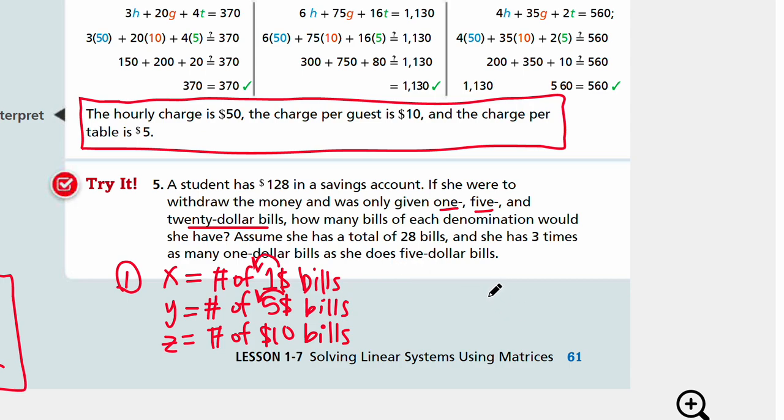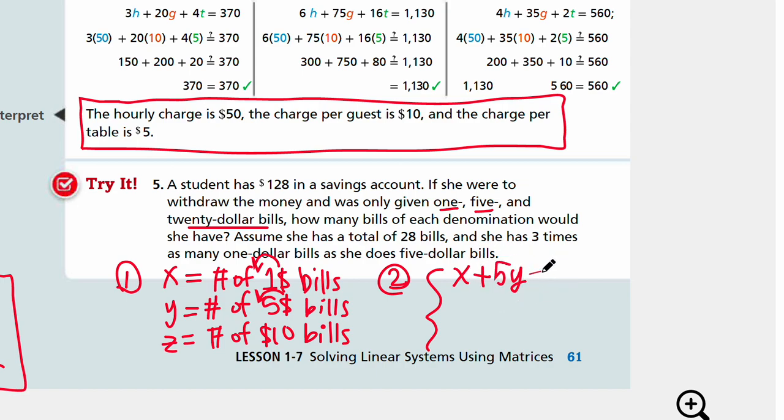Okay, and then second step, we can set up the equations. So we have all the information we need. What do we have? Student has $128 in a savings account. So that means the number of $1 bills, whatever it is, which is x, times 1, plus number of $5 bills, y, times how much is it worth? $5, right?